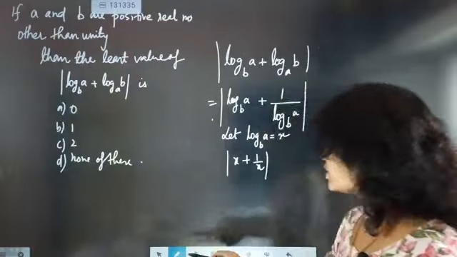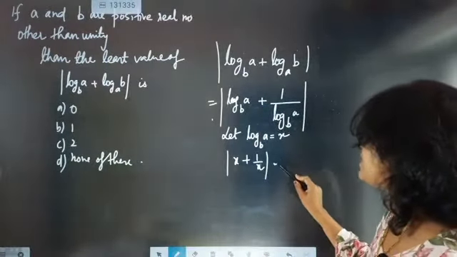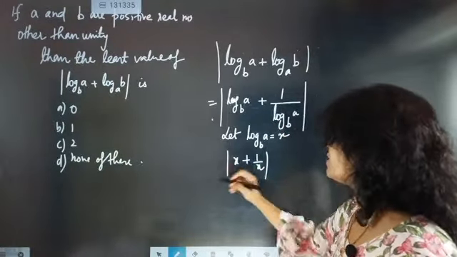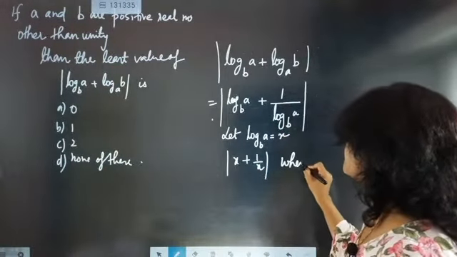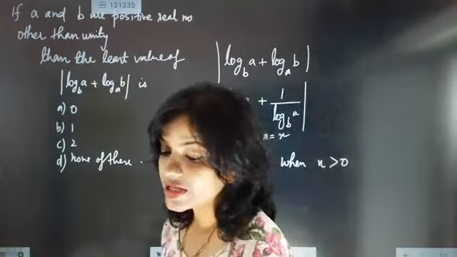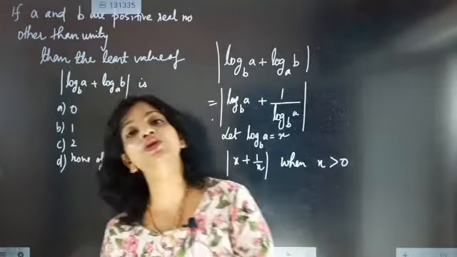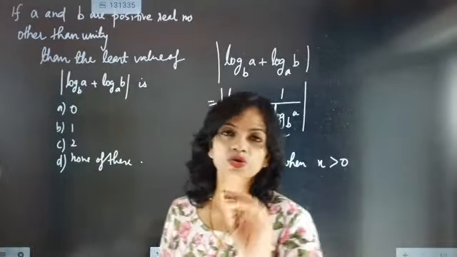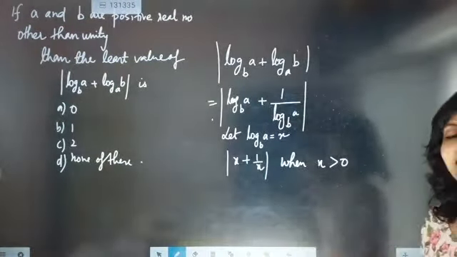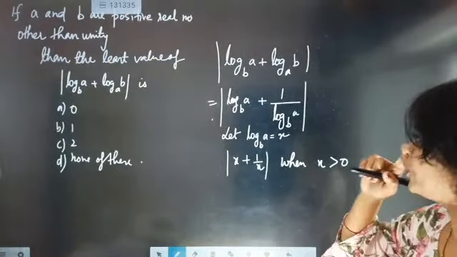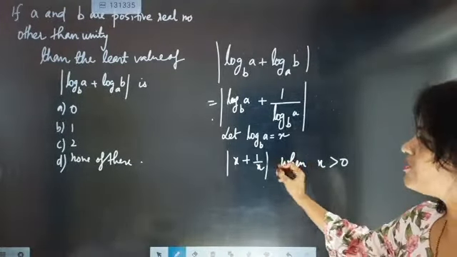So we are going to consider two cases. One, when x will be greater than 0. Since x is greater than 0, x cannot be 1. So here x plus 1 by x.